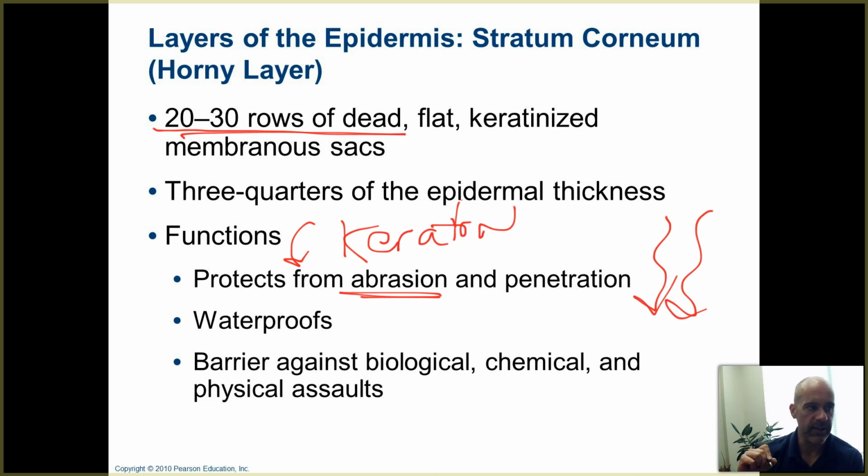You have the glycolipids there that are helping with waterproofing, and again, that's to keep water out, and it also prevents you from losing water from your body fluids quite as easily. And so this is the main goal of the epidermis, to function as a barrier and to protect you from biological problems like bacteria and viruses. You're keeping those nasty things out.